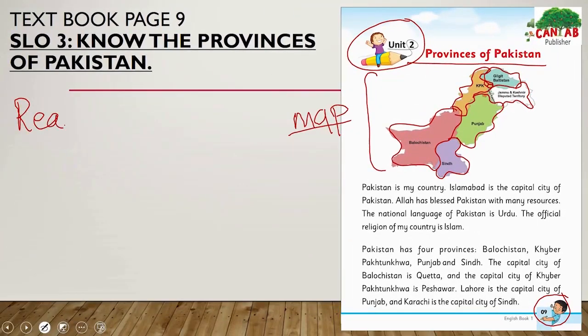First of all, we are going to read this page line by line to understand what this unit is about, and then we will get to know about the provinces of Pakistan.